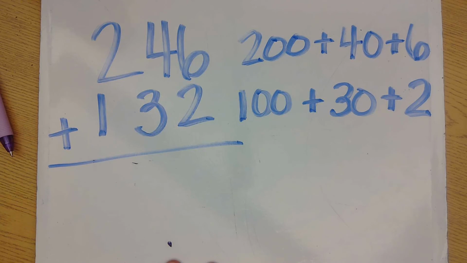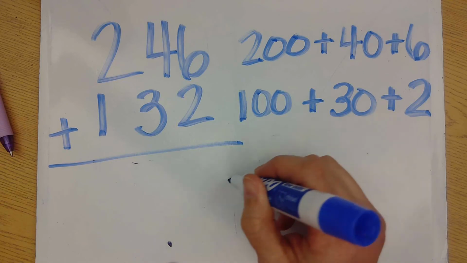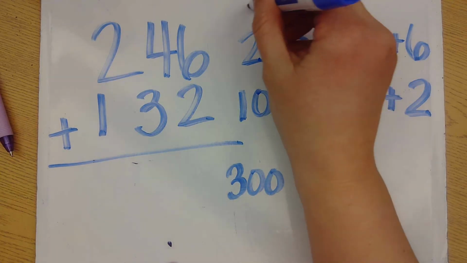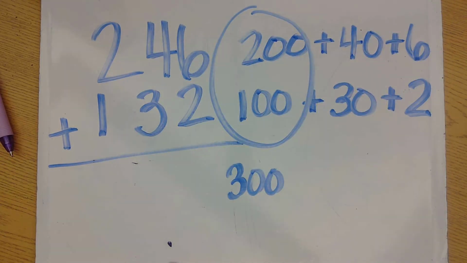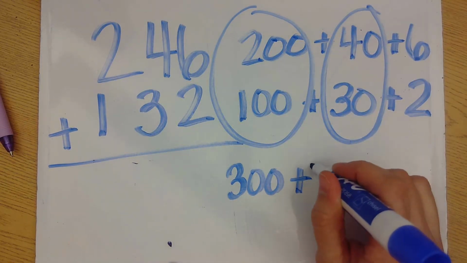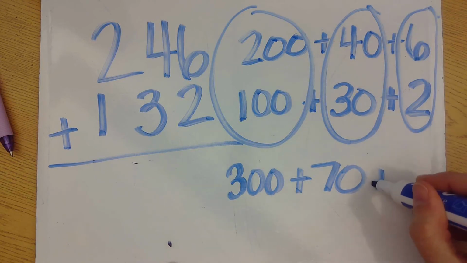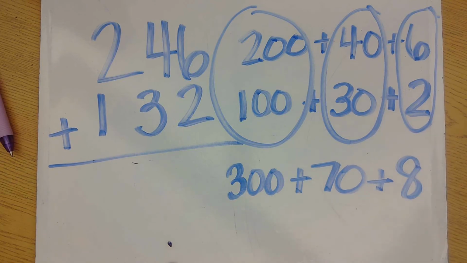All that's left to do is add these numbers together. 200 plus 100 is 300. 40 plus 30 is 70. And 6 plus 2 is 8. When we combine all of these numbers and add them together, we get our answer. So our answer to this problem is 378.